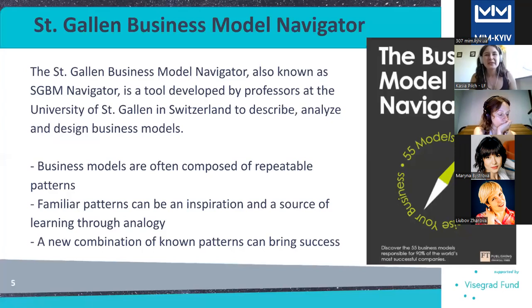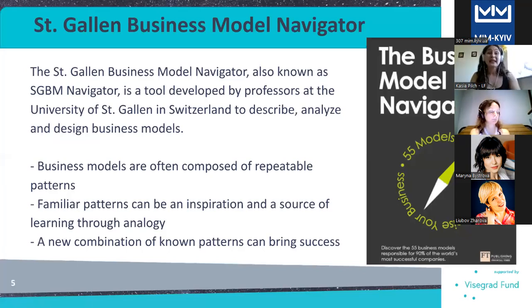And a takeaway from this whole thing is that there are already many business models existing that you can use, and this book describes 55 of them. You can use those models as inspiration and as a source of learning through analogy, and you can actually replicate one of the business models.